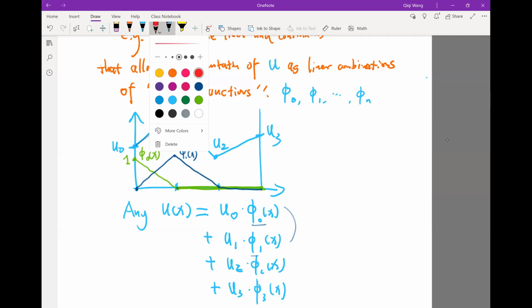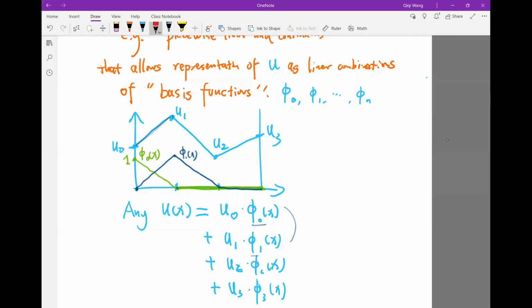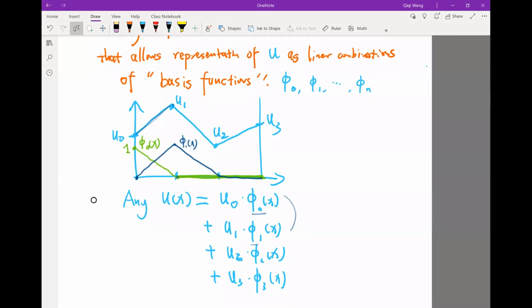Now, what do you think is phi3? Phi3 is actually a function that starts at 0 in the first element, and then slowly increases to the value of 1 at the third grid point, and then linearly decreases back to 0.